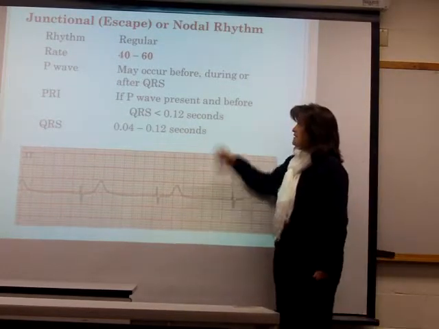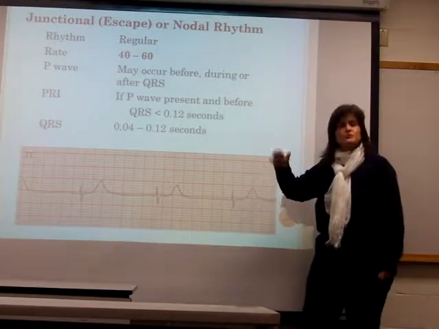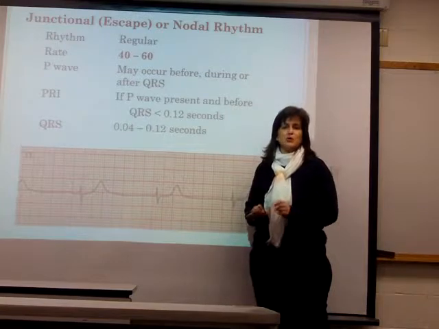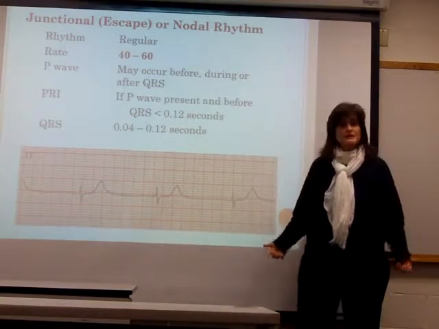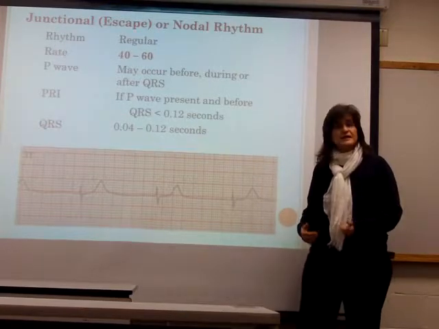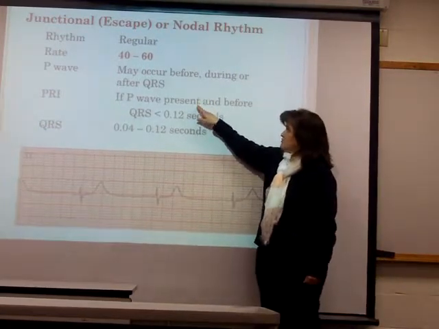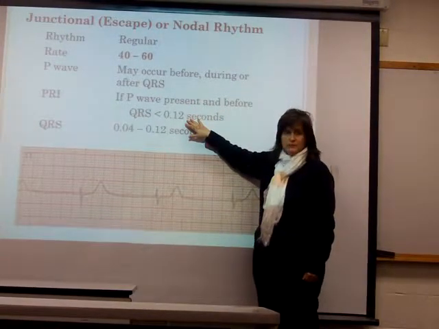The P wave, again, usually occurs before, and it's usually either absent or it's inverted. It can occur after, like I showed you, but that's so rare, you won't see that. The PR interval, if the P wave is inverted, you can measure it. It's usually going to be less than 0.12, okay?